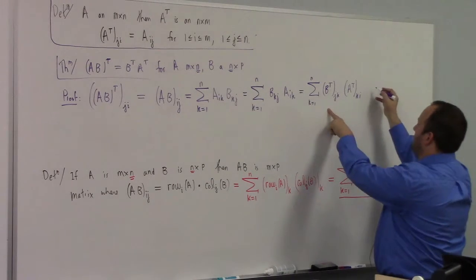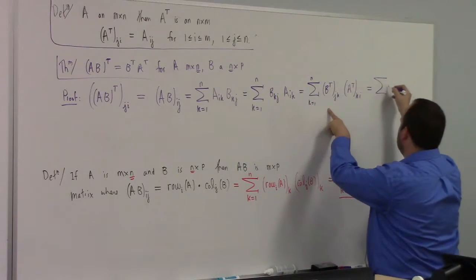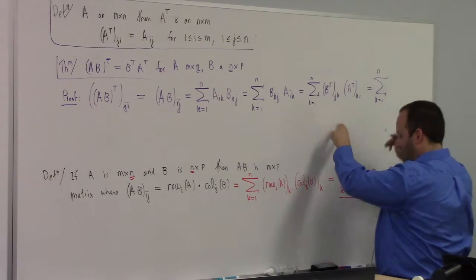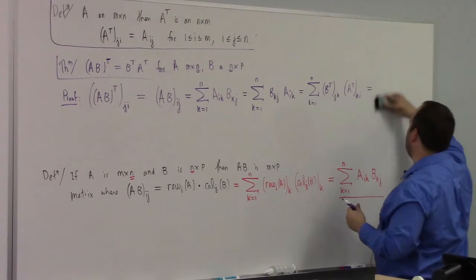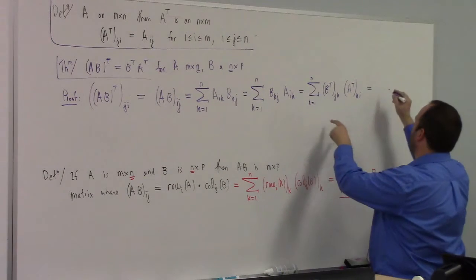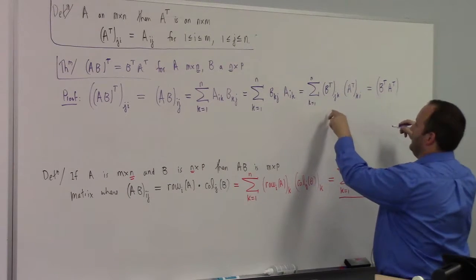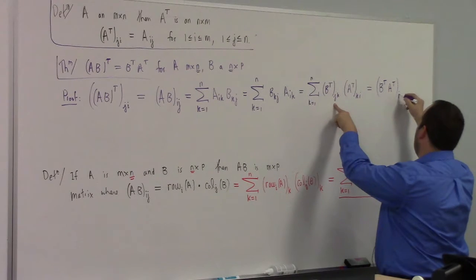But this, by the definition of matrix multiplication, is the sum k equals 1 to n. No. This is exactly B transpose times A transpose, right? The jith component.